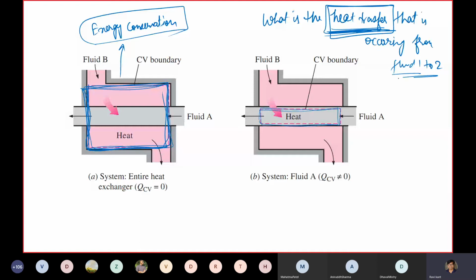In order to account for this type of heat transfer, you need to take the control volume or my system as only one fluid, and this will allow your system to know how much heat has been transferred from this control volume.